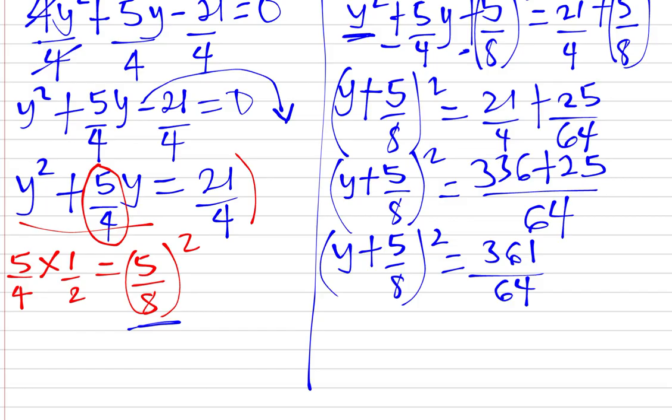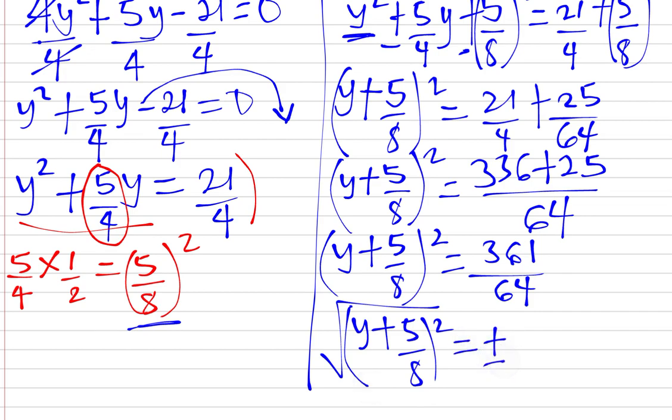So I would say the square root of y plus 5 over 8 all squared equals plus or minus, don't forget, the square root of 361 over 64.